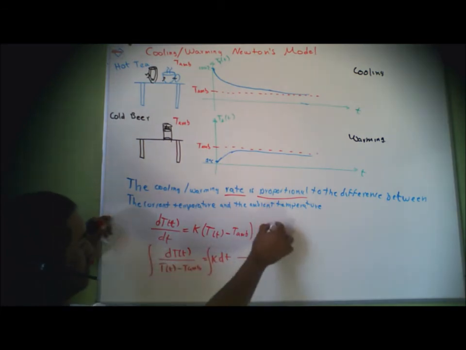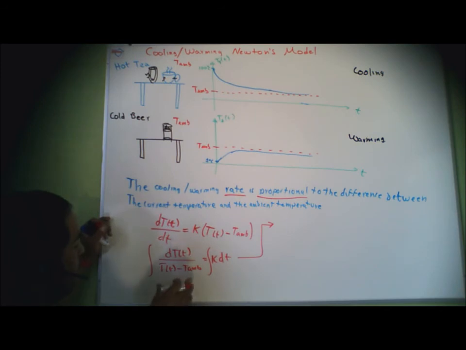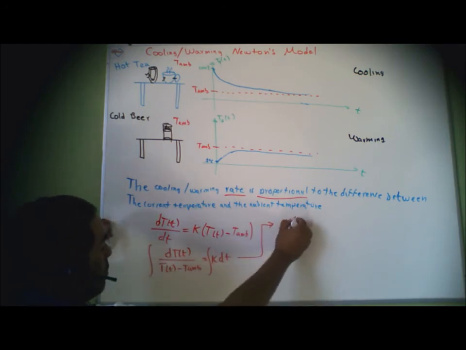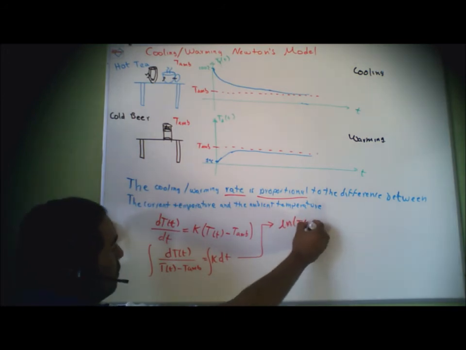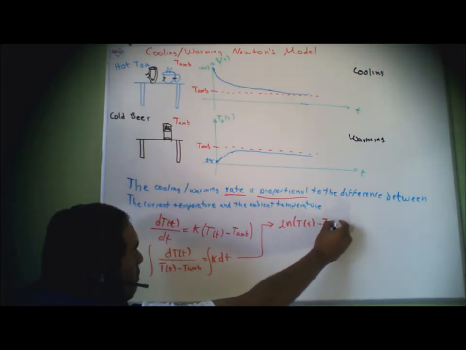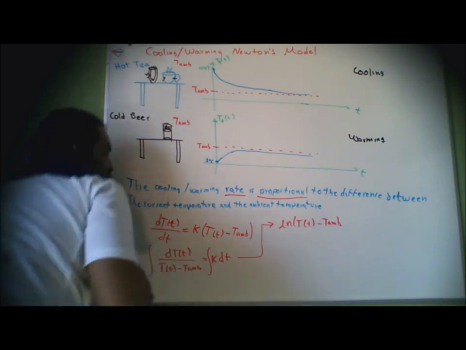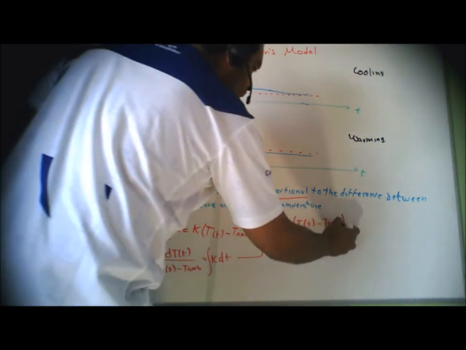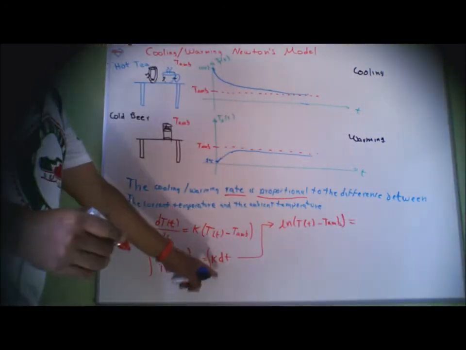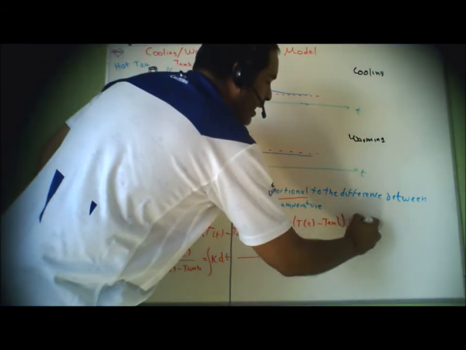The T ambient is a constant, so you don't have to worry about this. So this integral happens to be the natural logarithm of T of t minus T ambient, equal to the integral of this, which is just kt plus the constant.